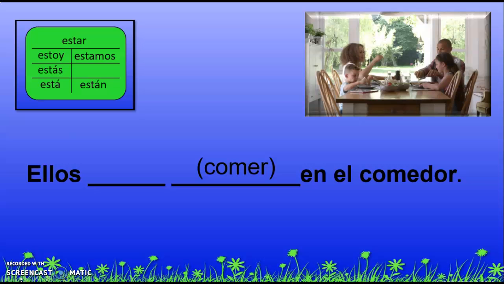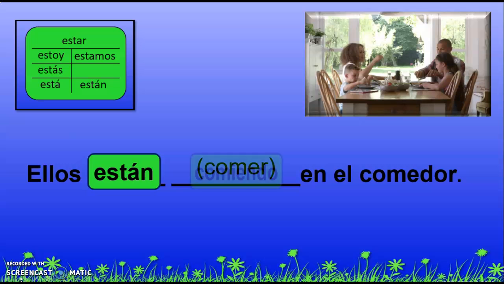Ellos and the verb comer. So you want to say they are eating in the dining room. The verb form of estar that goes with ellos would be están. And if your verb is comer, you'll take off the ER and you'll add yendo to the end of it.